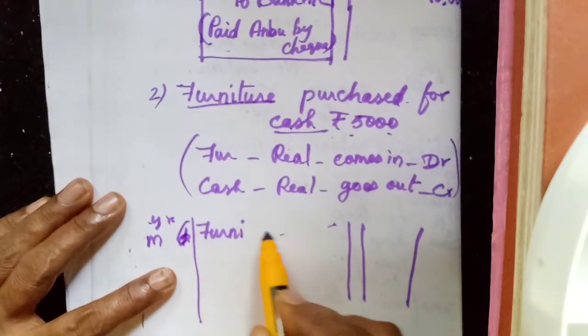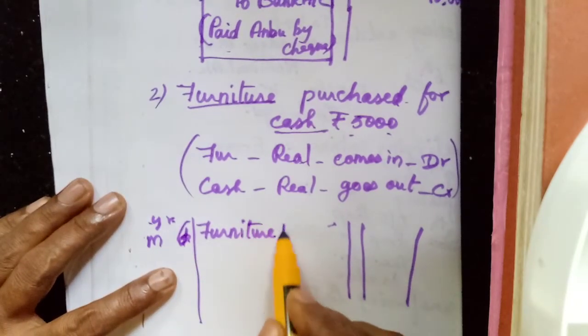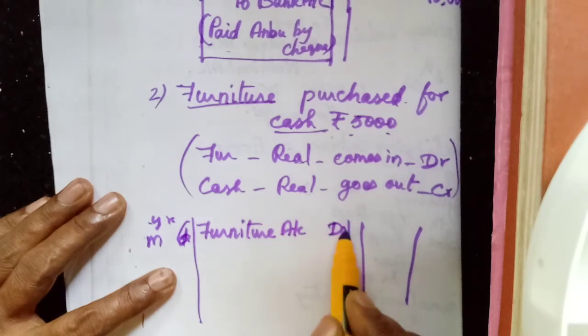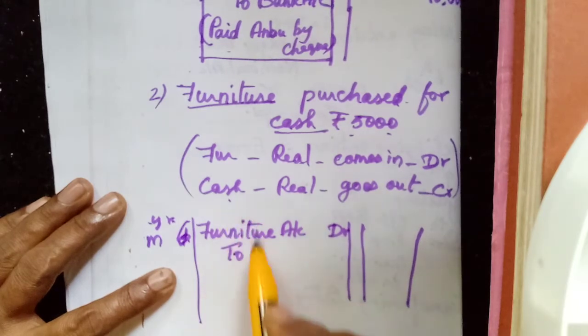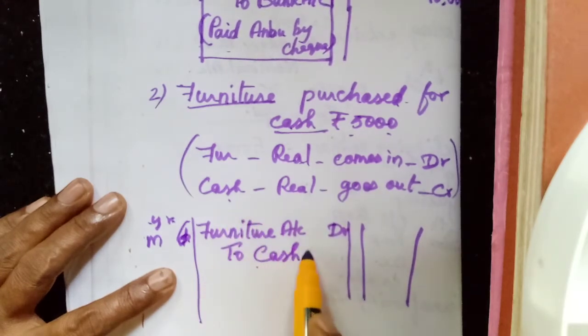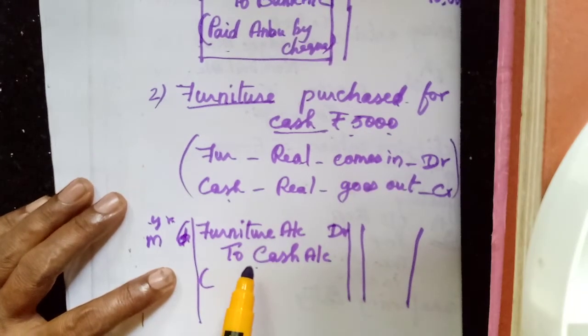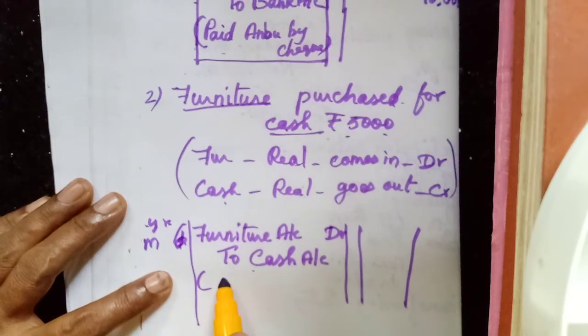Okay, furniture account debtor to cash account. Narration: furniture purchased for cash.